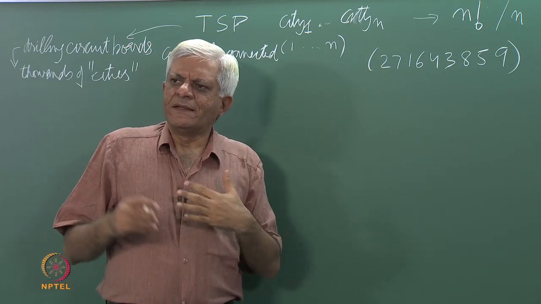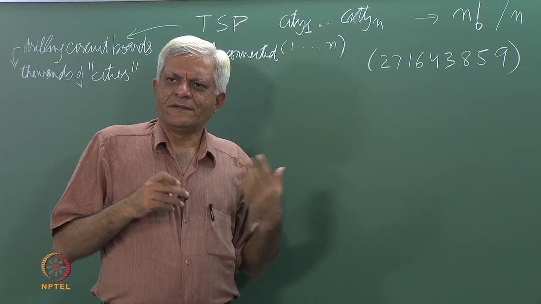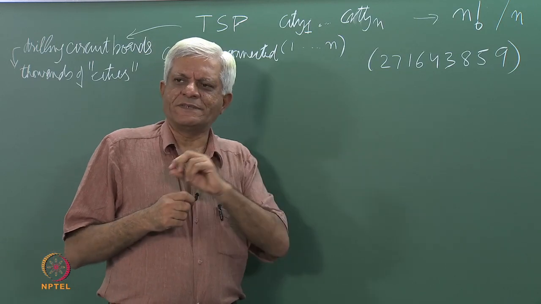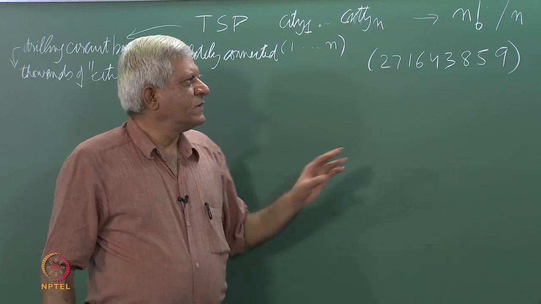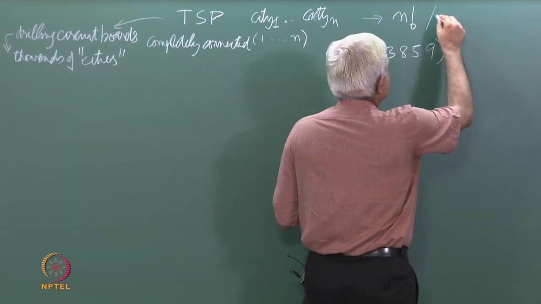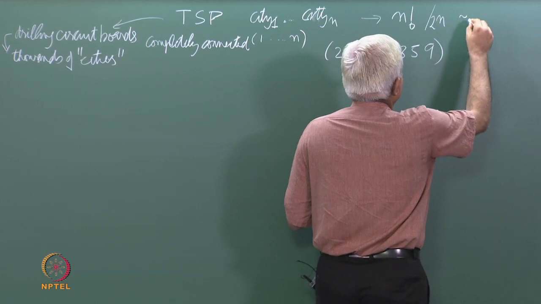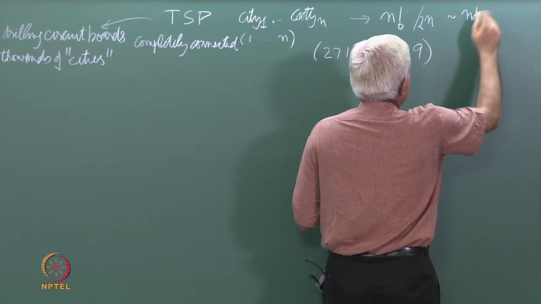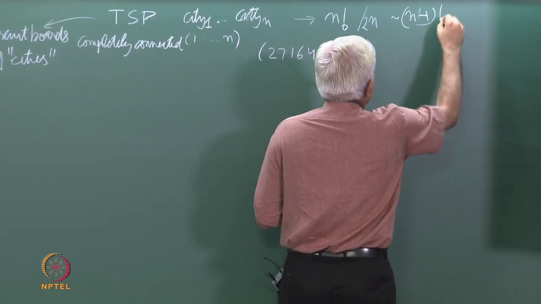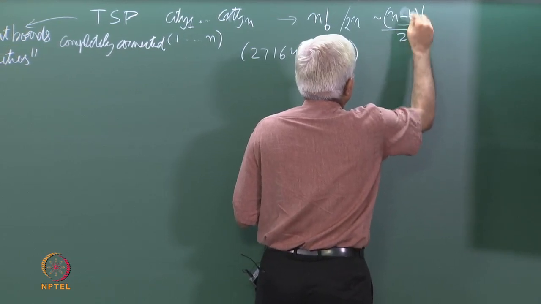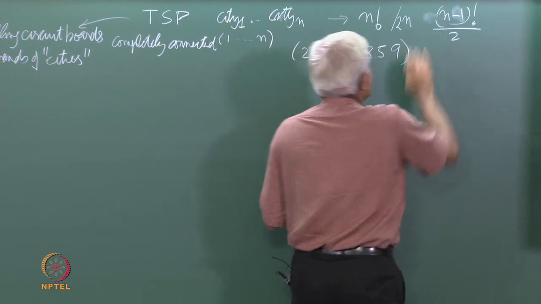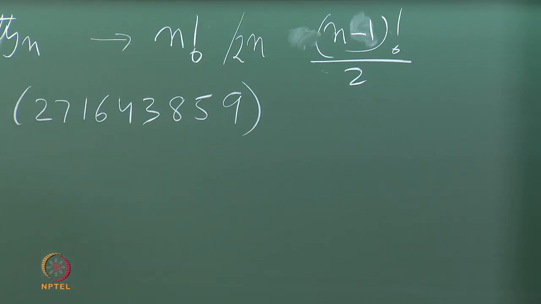So, we will assume that the cost of going from city A to B is the same as the cost of going from city B to A. So, you have to divide further by 2. So, you have to divide by 2n. So, what we get is n minus 1 factorial divided by 2. So, this is the number of distinct tours, which means no two tours are identical.